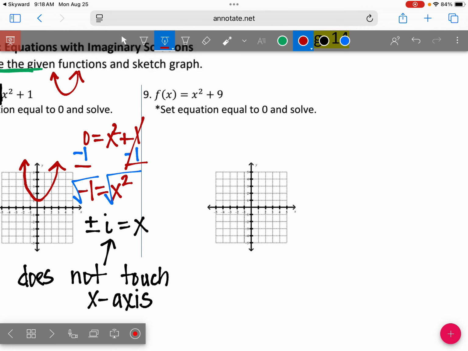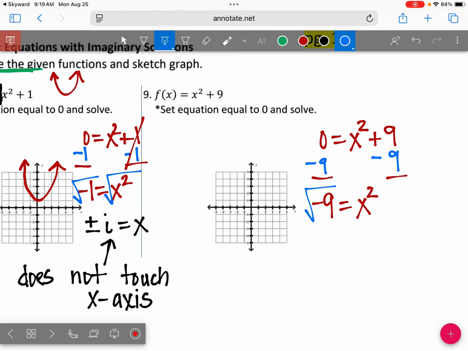All right, let's look at number 9. 0 equals x squared plus 9. Subtract the 9. Take the square root. So now I have to separate it because there is a negative.